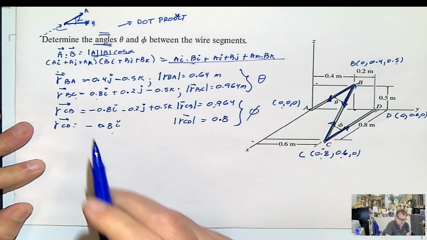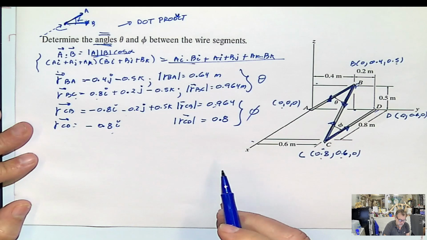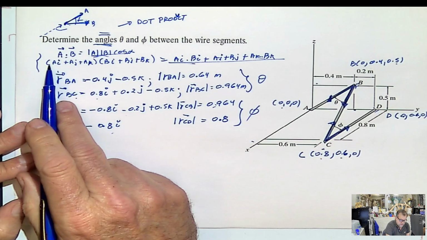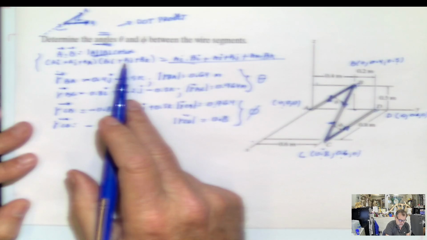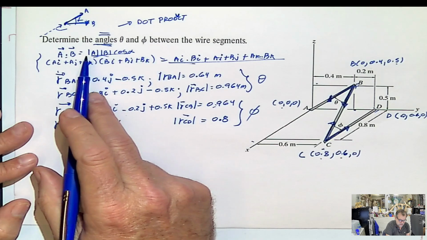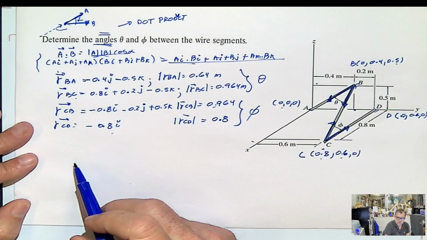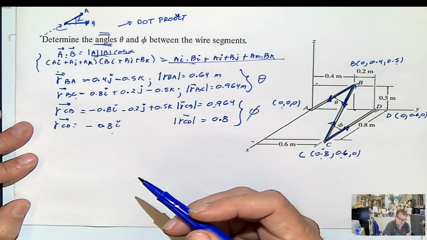Now we apply both definitions for dot product. We're going to say that the vector definition, which is this one, has to be the same as the scalar definition, and then we will solve for cosine of the angle. Let me explain.